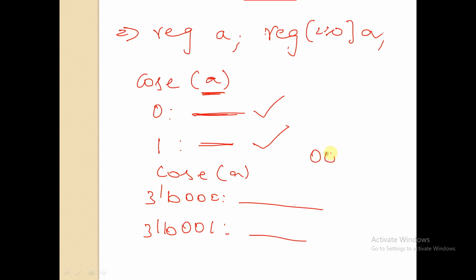Like that we can go from 000 up to 111. So this many cases are possible with reg [2:0] A. Is it clear? So this is how we can use a case statement. Is it clear?